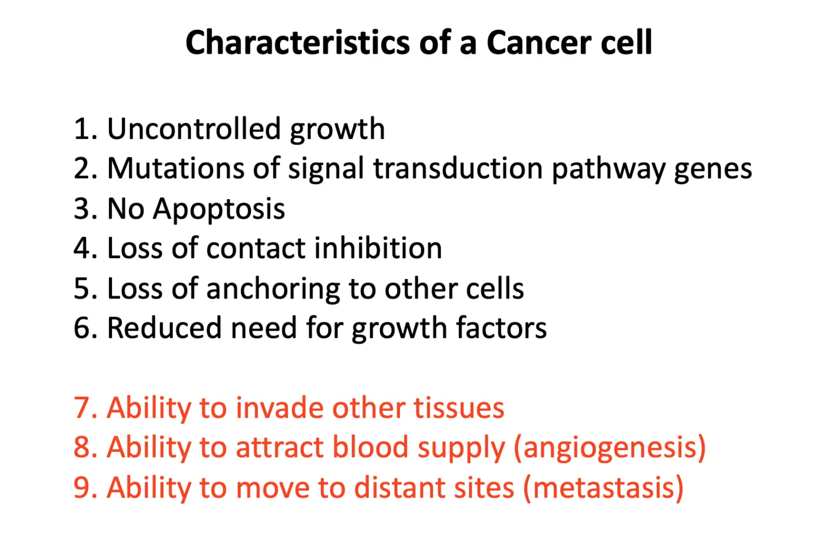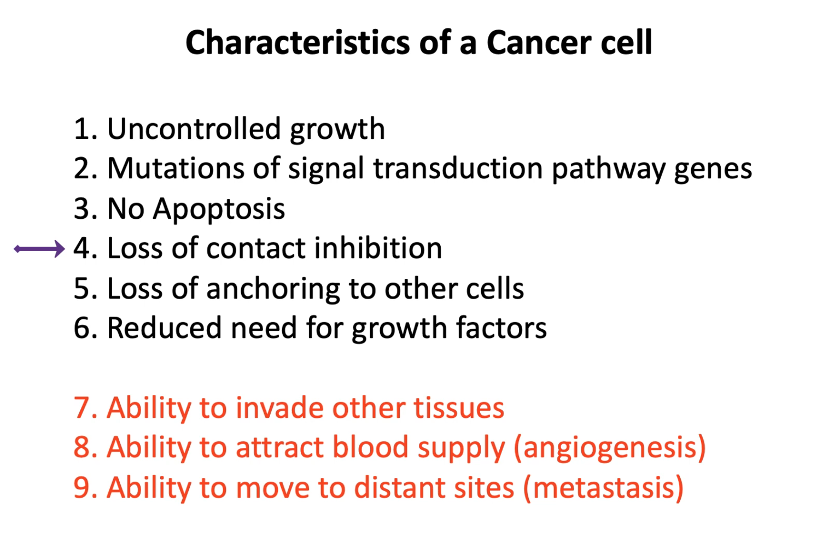So the characteristics of a cancer cell is that there's uncontrolled growth, mutations in the signal transduction pathway are often involved. There's no apoptosis, that is, no cell death, so they're pretty much immortal cells.